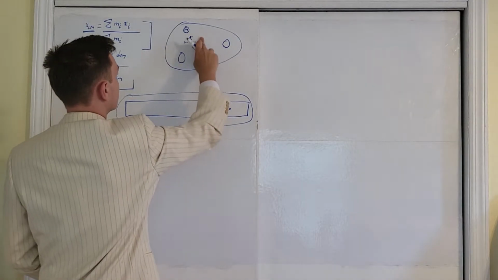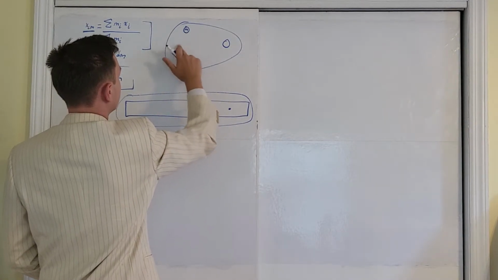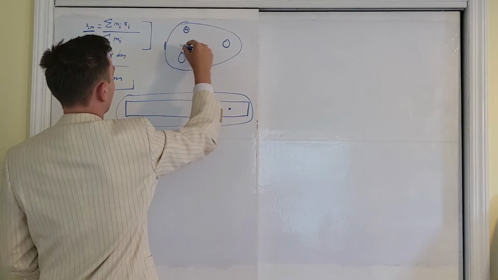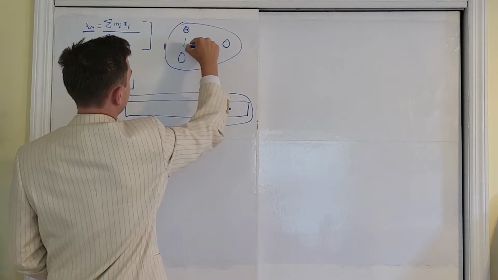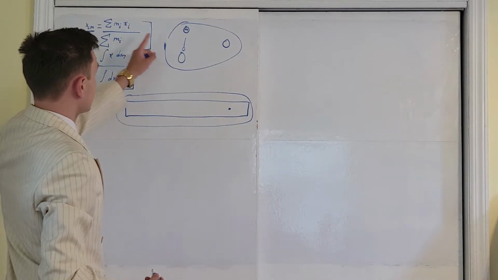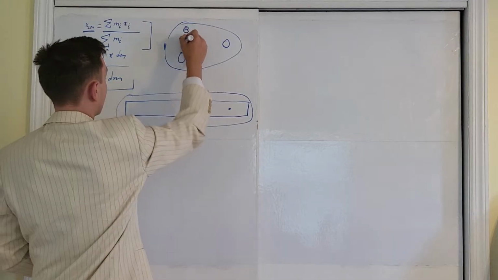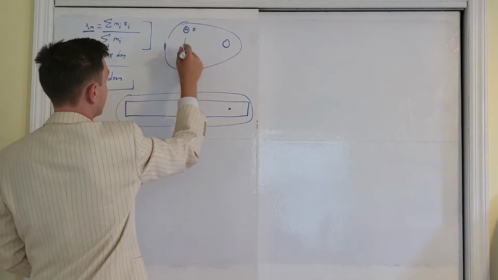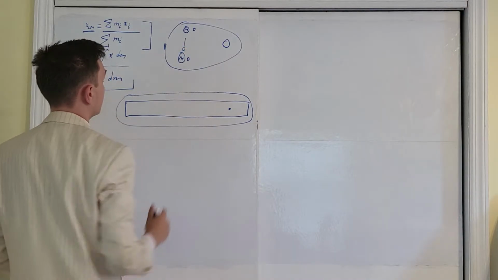So to better facilitate that understanding, let's call this edge right here our 0 reference point, okay? So the x distance from this point to our reference point is 0. The x distance from this point to our reference point is 0.